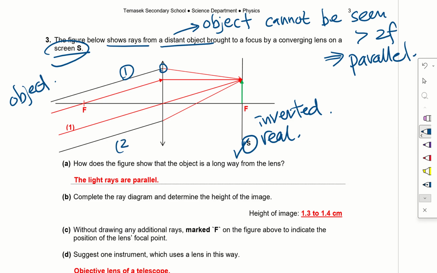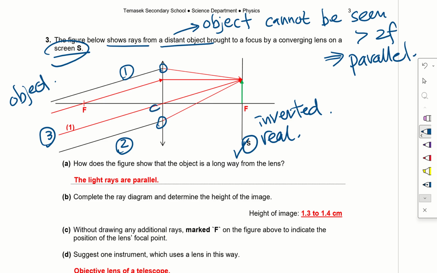We also have another light ray, and again, after passing through the lens, we do not know how it will bend, okay? So in order to help us find where the image will be or where the light rays will converge, we will need this third light ray that you have to draw yourself, that passes through the optical center.